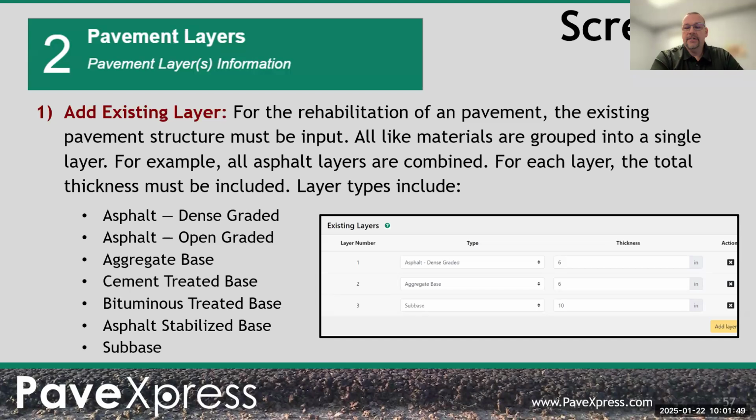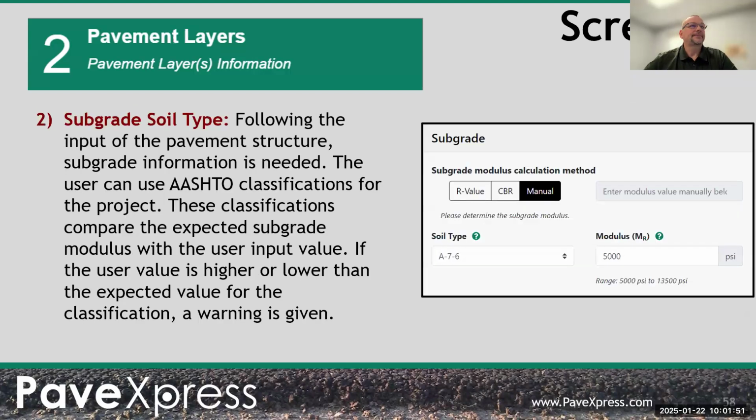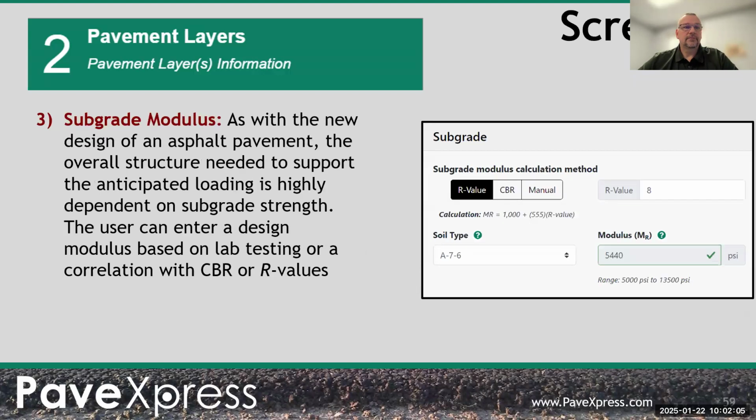You can add those in. Like I said, the subgrade soil type or modulus values for our subgrade, we can add into here. We can calculate our subgrade modulus the same way as when we're doing the new design.